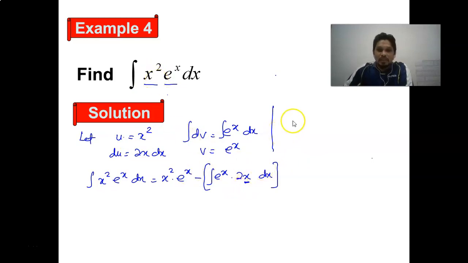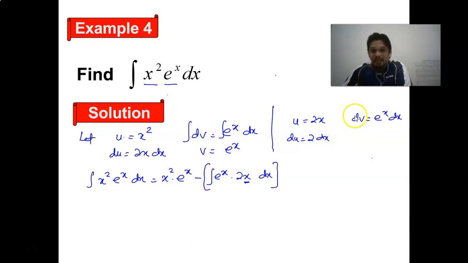Then we come up with another u and dv from here. So then u equal to 2x, and dv equal to e^x dx. Then du equal to 2 dx, and integrate left and right, so then v equal to e^x.